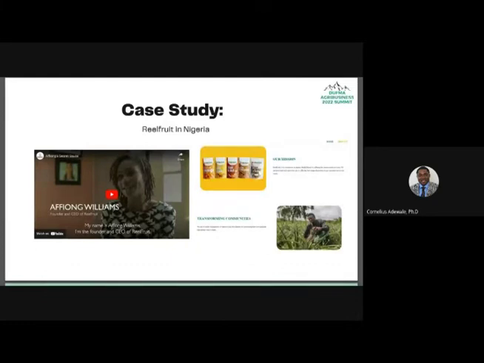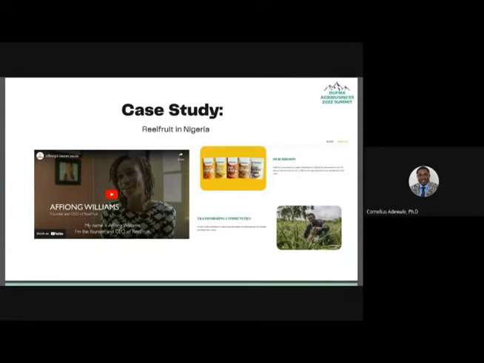A company established by Affion Williams, a very young woman that came all the way from South Africa and started it. It's just focusing on plantain chips. So just by adding value on plantain chips alone, she was able to do something substantial within that.